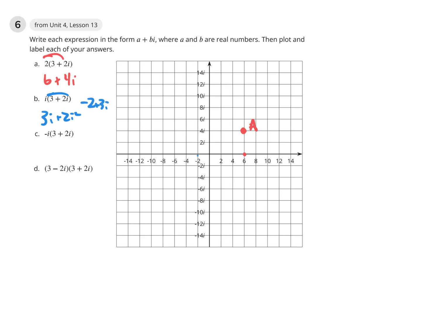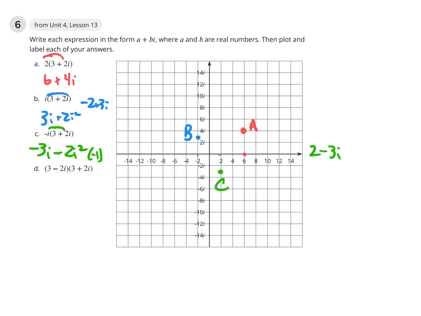Negative 2 plus 3i is about right there, and that's about B. Okay, for C, distribute. You get negative 3i minus 2i squared. I squared is negative 1. Negative 1 times negative 2 is positive 2. So that becomes 2 minus 3i. 2 minus 3i goes down there, and that's C down there.